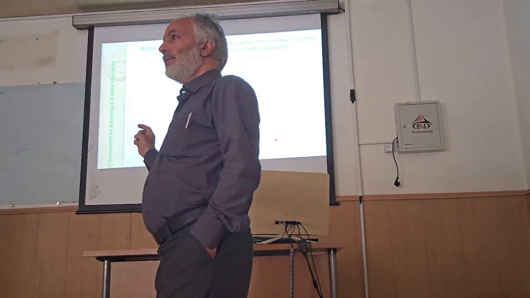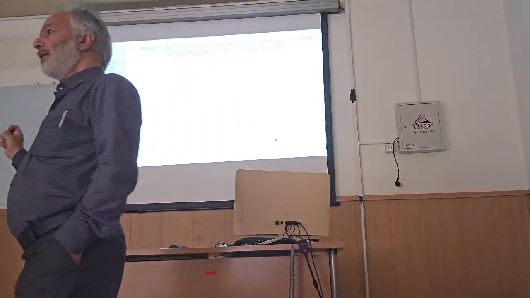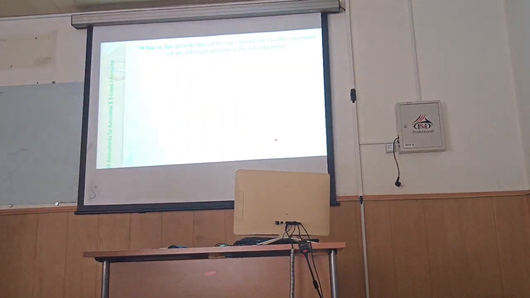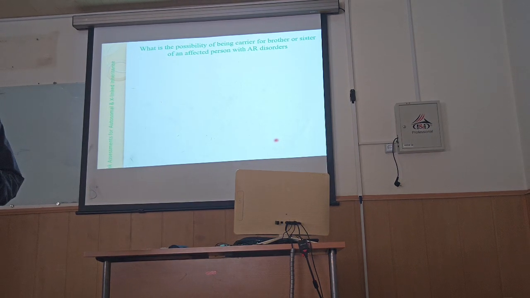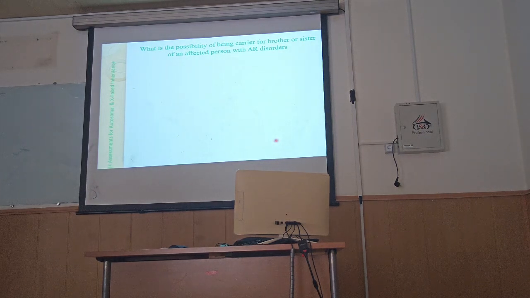100%? Why? But it's obligate, 100%, how do you calculate it? 25%? But they should be obligate carriers? Brothers and sisters of an affected individual, their father and mother are obligatory carriers.